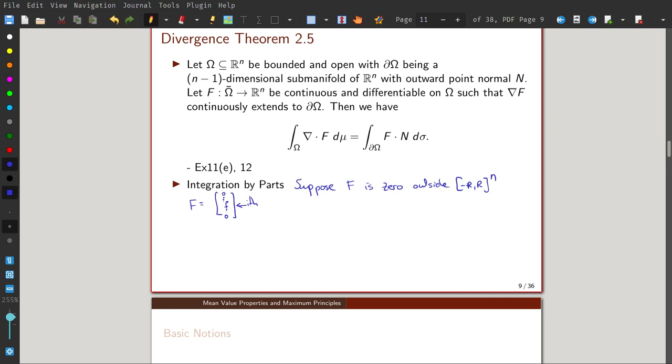Okay, what does that mean? That means its divergence, remember, the divergence is by definition the sum of the ith derivative of the ith component, like so. So all of its components are 0 except for the ith component, so we just get the ith derivative of f of x.